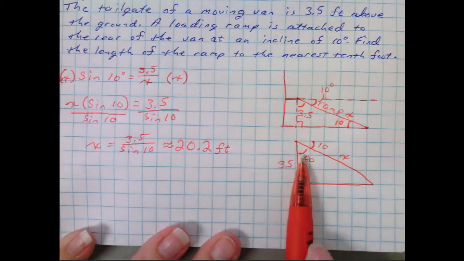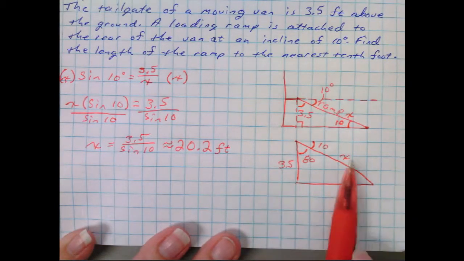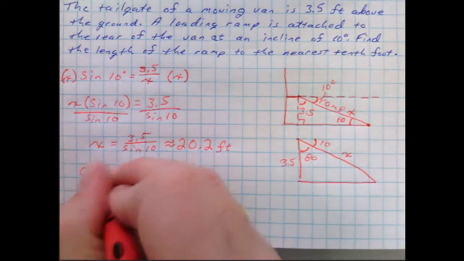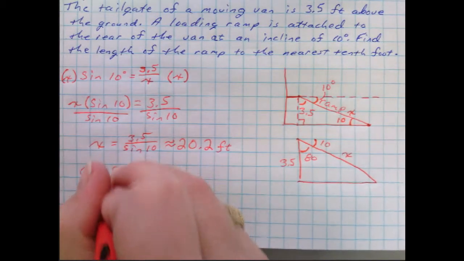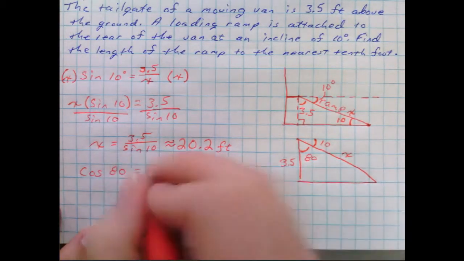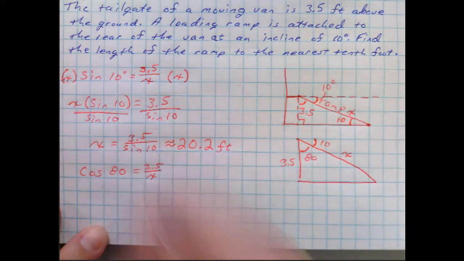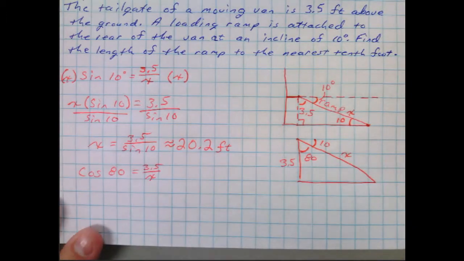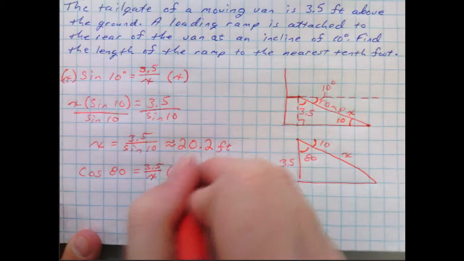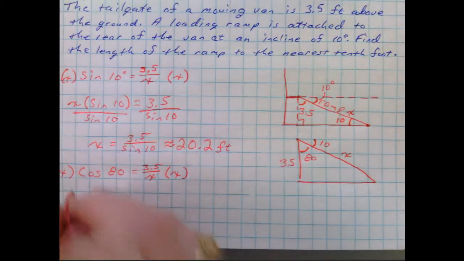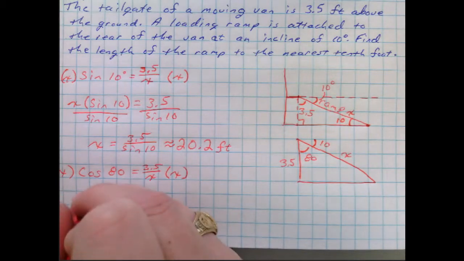But I'm going to be using adjacent over hypotenuse this time. So that's going to be cosine of 80 equals adjacent, which is 3.5, over hypotenuse, which is x. So the same steps here. We're going to multiply by x to get it out of the denominator, and then we are going to be dividing by the cosine of 80.